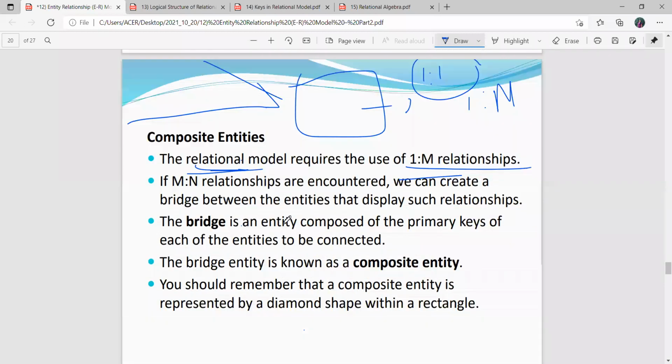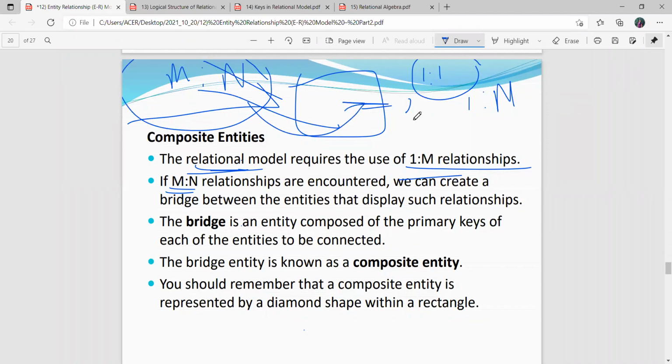So if the relationships are encountered as M-to-N relationships, we can create a bridge between these two entities to display such a relationship. You can see there are so many relationships belonging to M-to-N. So if you need to depict this M-to-N relationship within an ER diagram, it is needed to convert this into 1-to-1, 1-to-M relationships.